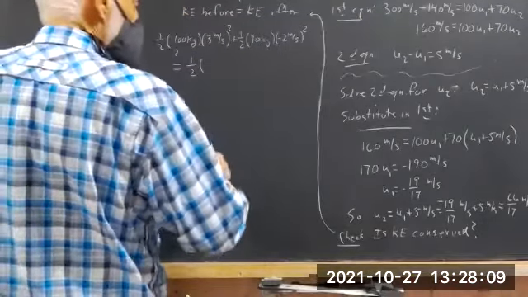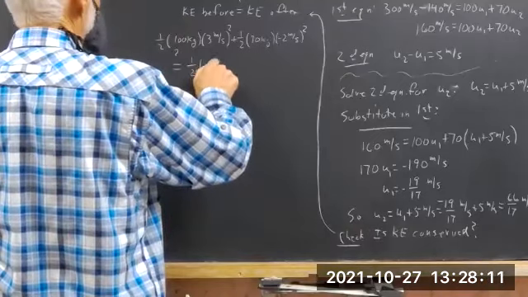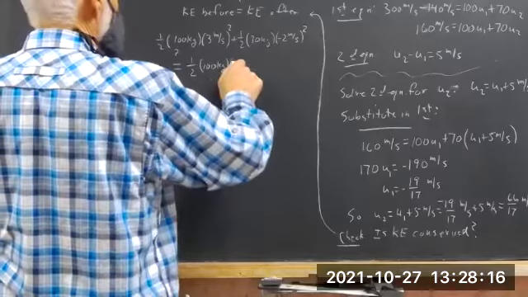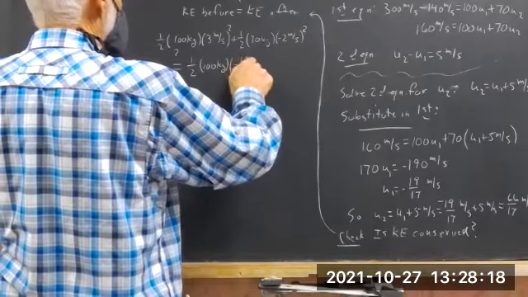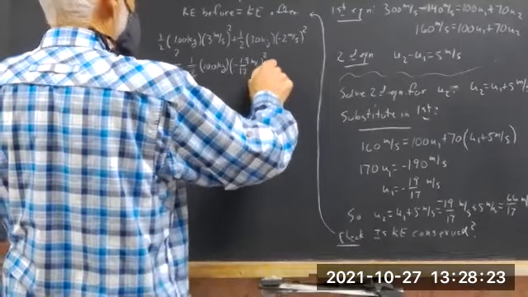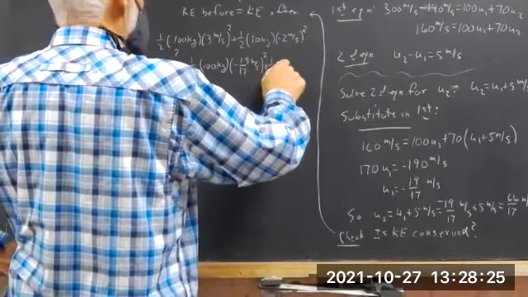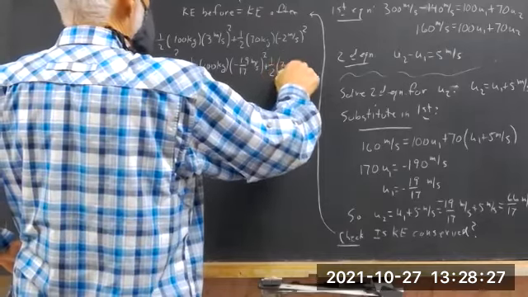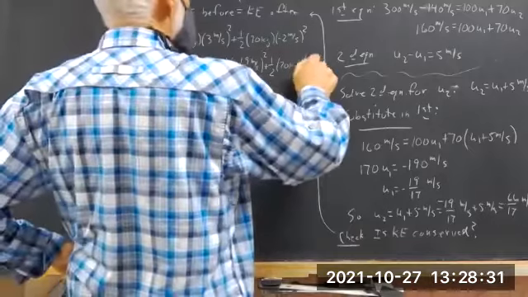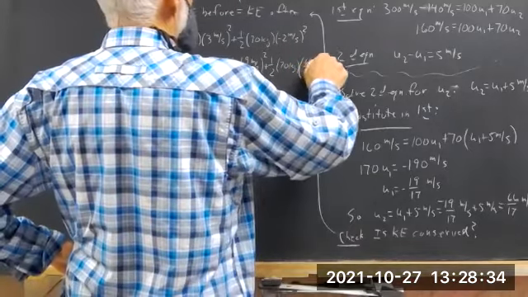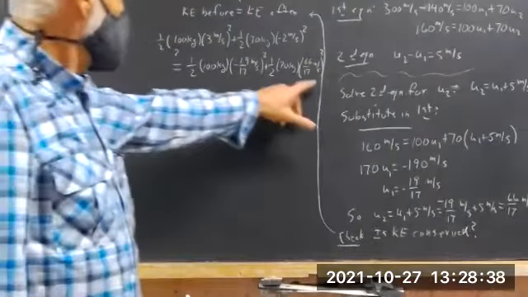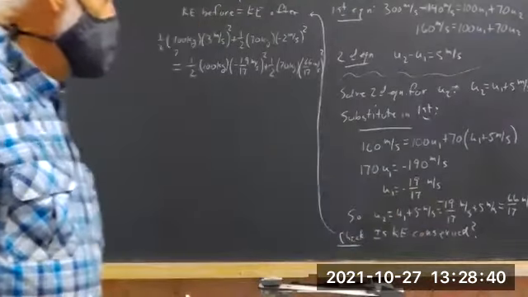And then we get the mv squared after equation.